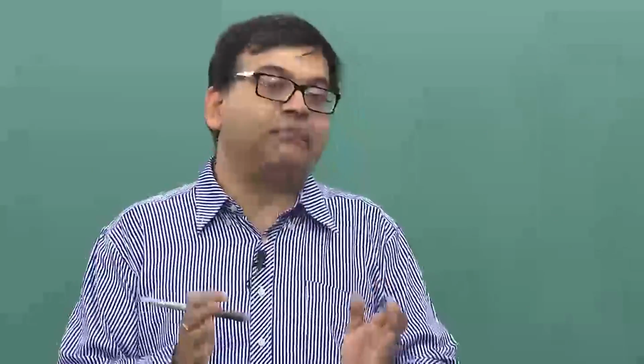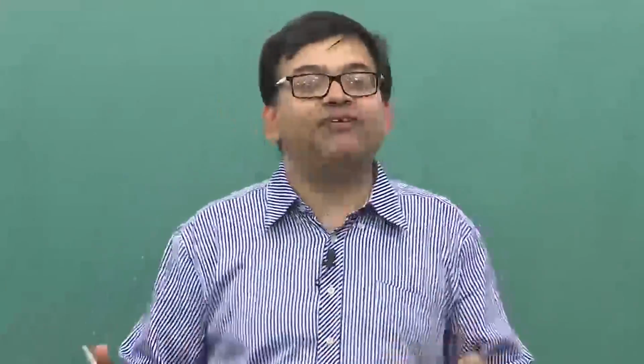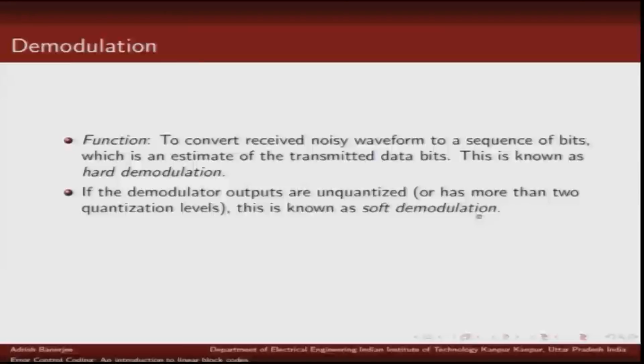So, if instead of just directly mapping our received symbol 0.01 to 0, we would have also kept some idea about how sure we are or how close we think it is to 0 or 1, then that information is useful, and that is captured in soft demodulation.